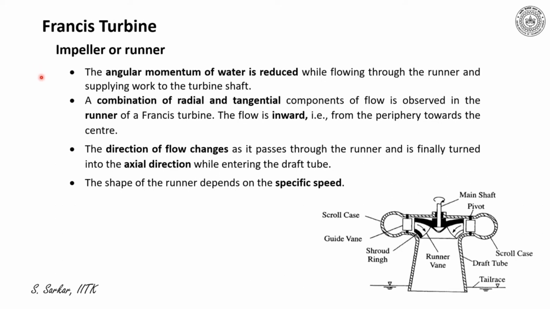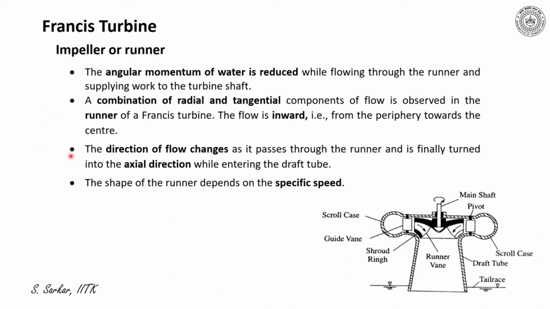Regarding the impeller or a runner of a Francis turbine, I like to state that the angular momentum of water is reduced as it passes through the runner and thereby supplying work to the turbine shaft. A combination of radial and tangential components of flow is observed in the runner of a Francis turbine. Here the flow is inward, that is, it flows from periphery towards the center.